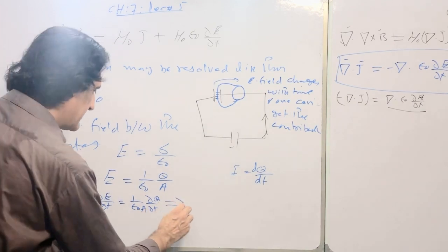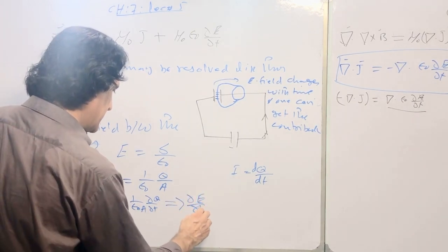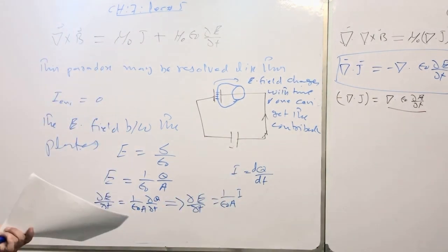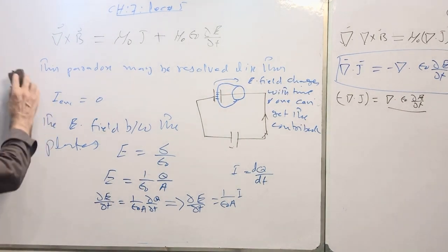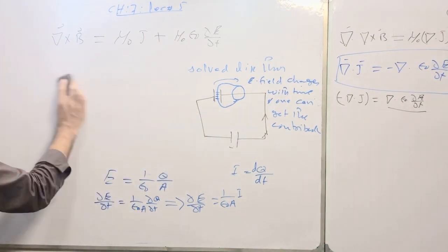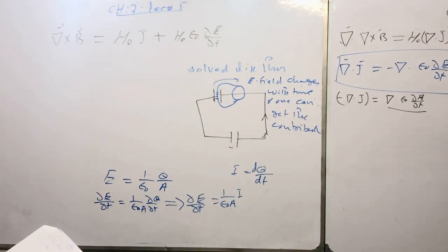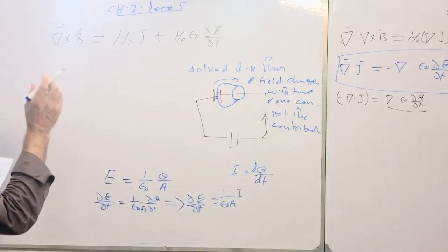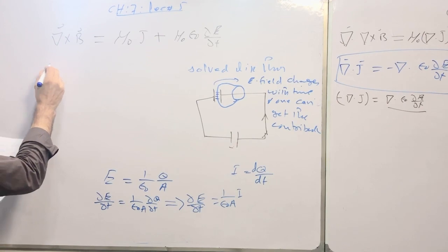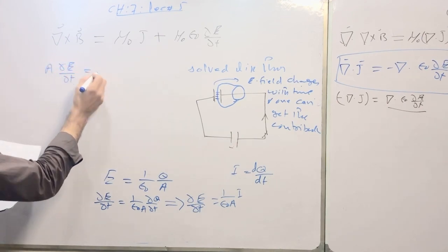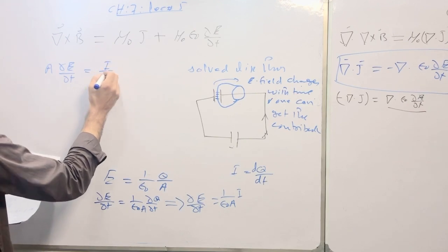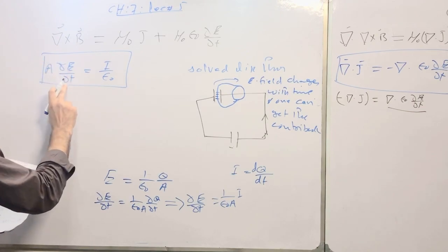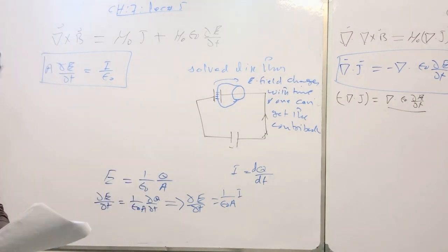So we may say that partial E divided by partial T is equal to 1 over epsilon naught A, and this is current I. And finally, if I write down A partial E divided by partial T, I can have the form I divided by epsilon naught.